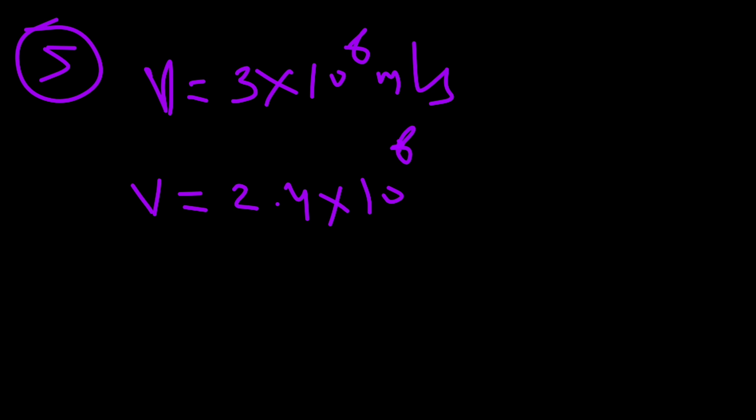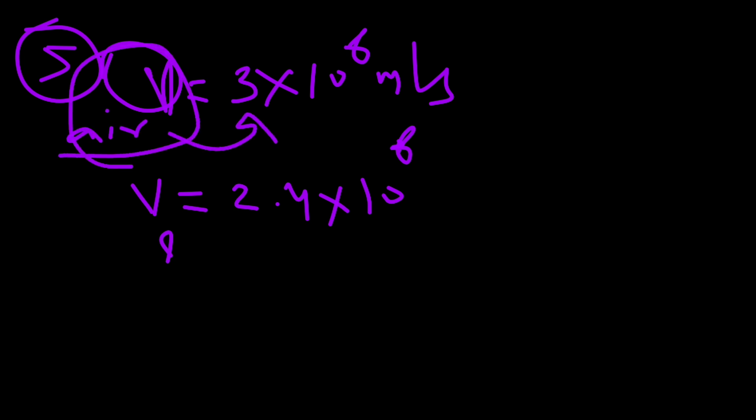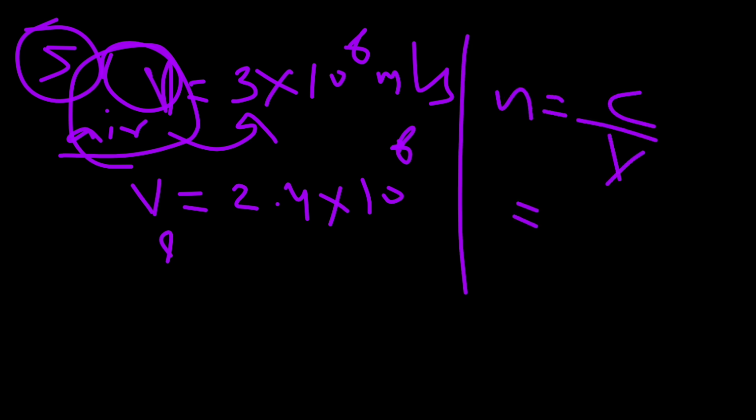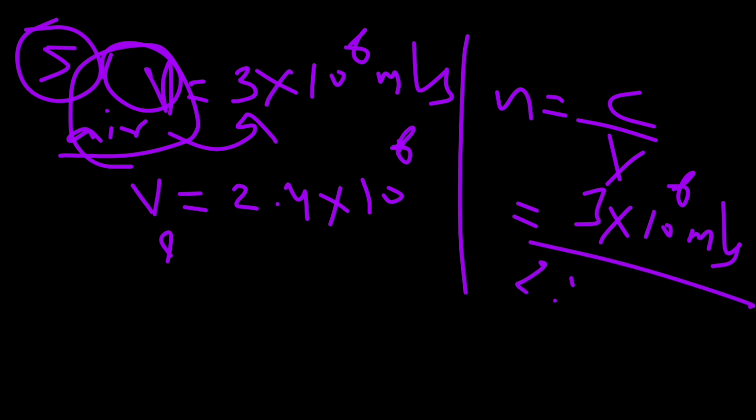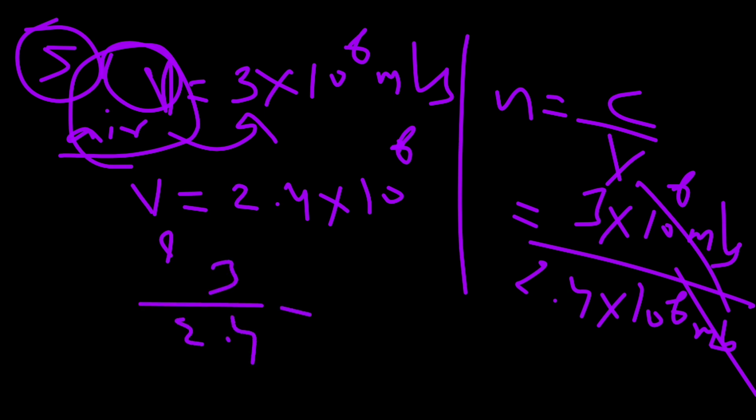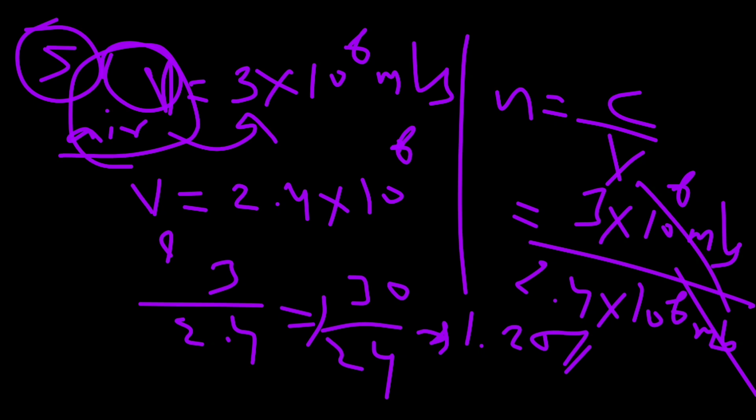At this time, we'll take the speed of light in air as the constant C value because both will be the same. So n is equal to C by V. C value 3 into 10 power 8 meter per second divided by 2.4 into 10 power 8 meter per second. Both will get cancelled. 3 by 2.4, which means if you multiply above and below, we'll get an answer of approximately 1.25. You'll get it, right?